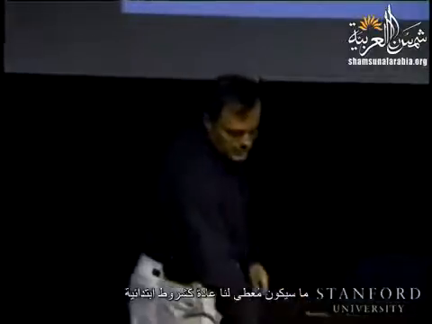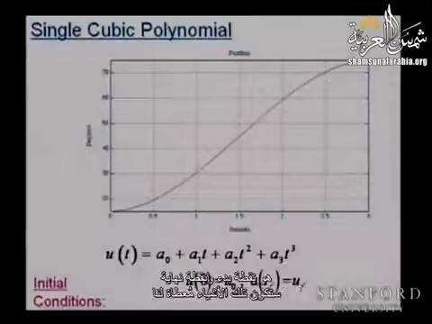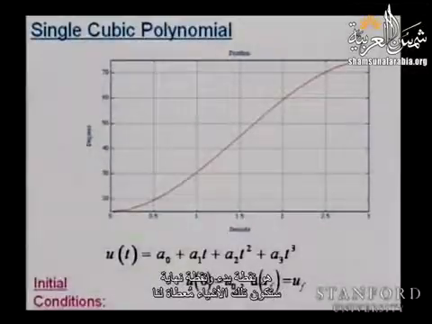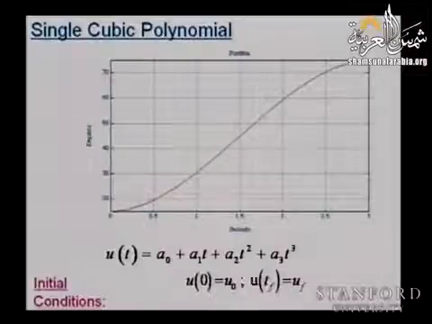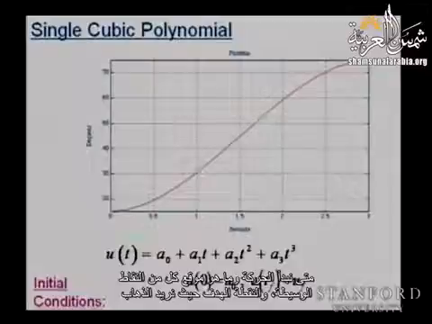Typically, we'll have as initial conditions some starting point and some ending point, right? Those things will be given. Where do we start the motion and what is the position for each of the intermediate points and the goal point where we want to go.